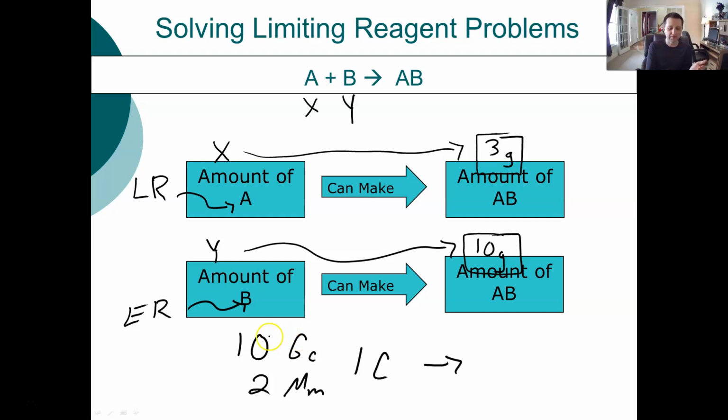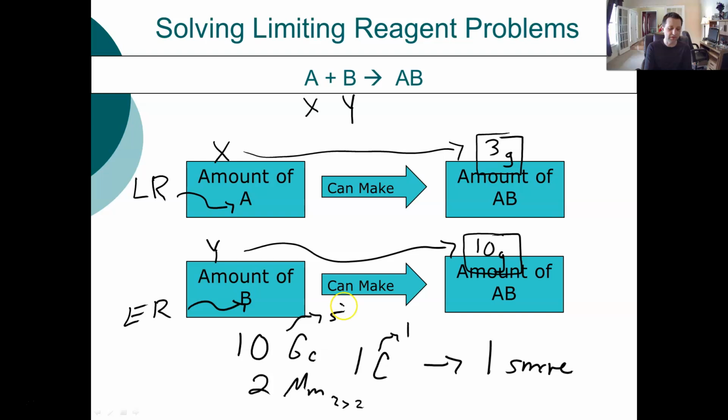Well, based off of your graham crackers, you could make 5 s'mores because you need 2 graham crackers per s'more. Based on your marshmallows, you could make 2 s'mores because you need 1 marshmallow for every s'more. And based on your pieces of chocolate, you have 1. You can only make 1 s'more, okay? Just 1 piece of chocolate per s'more. So if you have all those ingredients, you still could only make 1 s'more, right?